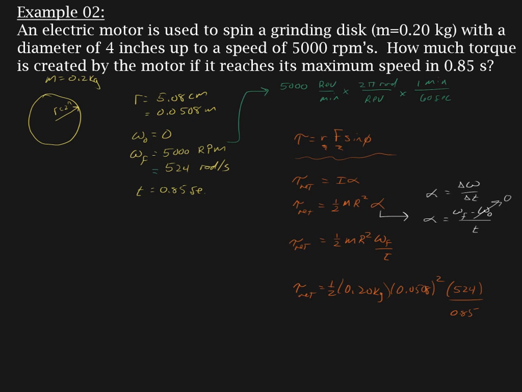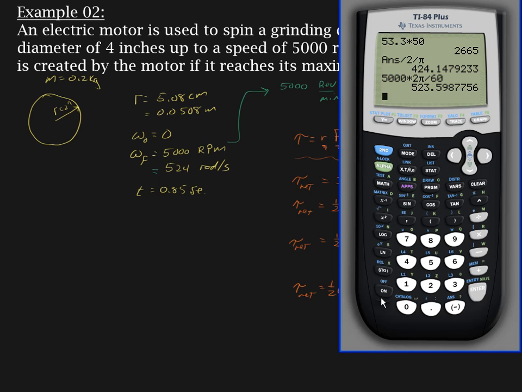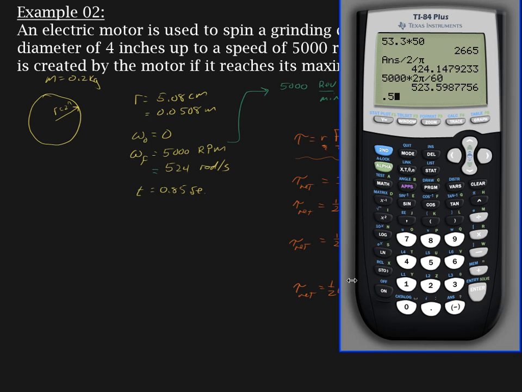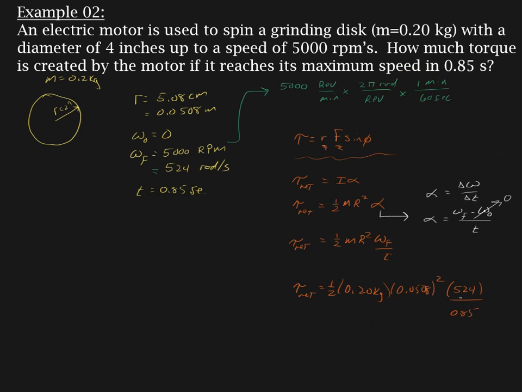So let's calculate this. We have 0.5 times 0.2 times 0.0508 squared times 524 divided by 0.85.